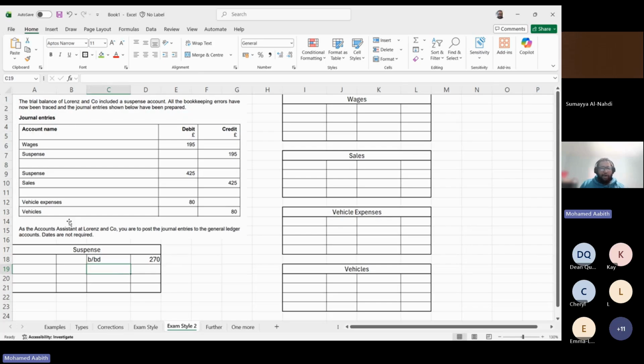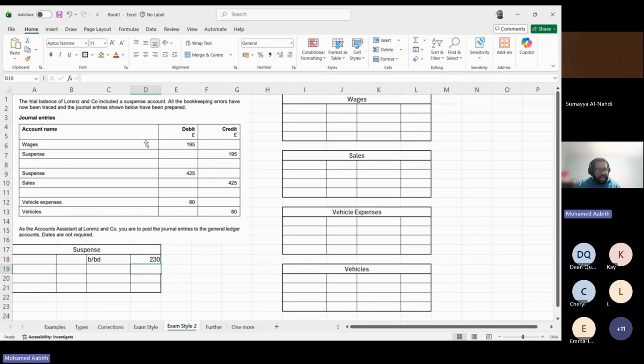Now what we need to do, we need to enter this into the general ledgers after that. So what job we have to do now, we need to make sure we put all of them into general ledger. Yeah, it was 230. Now, the first entry we need to do, we need to identify what accounts and what details we're going to write here.